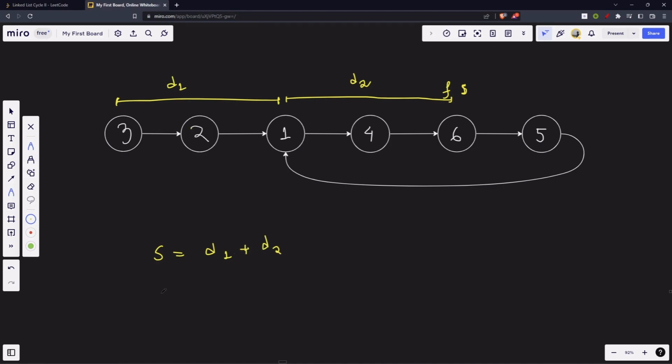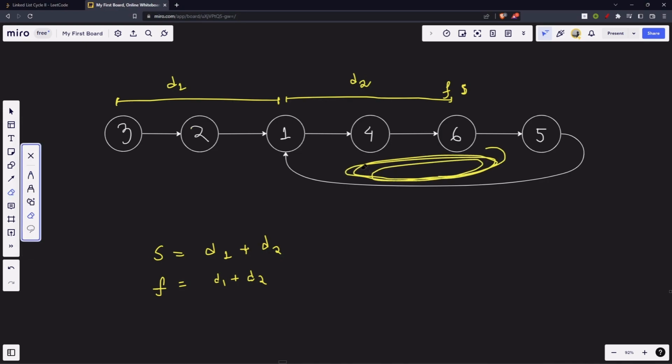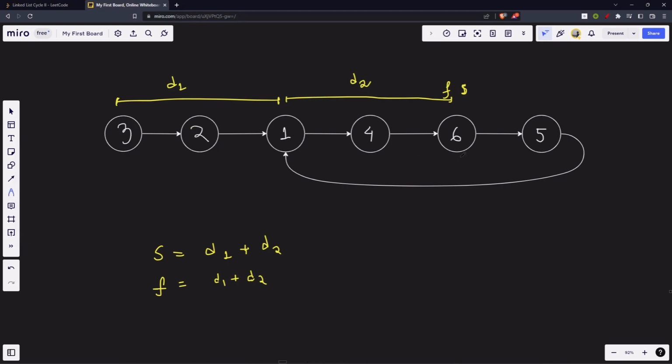Now how much did our fast pointer travel? By the time our slow pointer traveled d1 plus d2, the fast pointer already traveled d1 plus d2, and it made a few circles around this circular racetrack, this cycle. Let's say the length of this cycle is d3, and let's say our fast pointer circled this cycle k times.